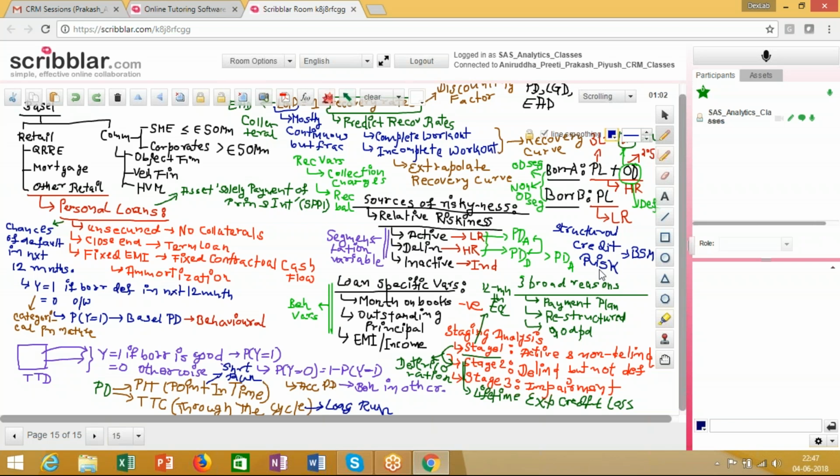For that we'll discuss the entire Black-Scholes-Merton model framework and the part from where this probability of default comes in. This is the next topic we talk about in the next session, which is on Wednesday.